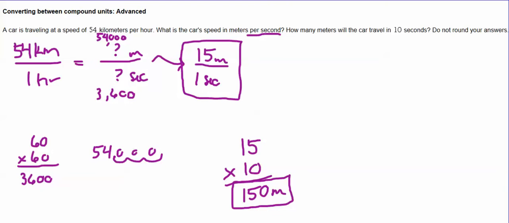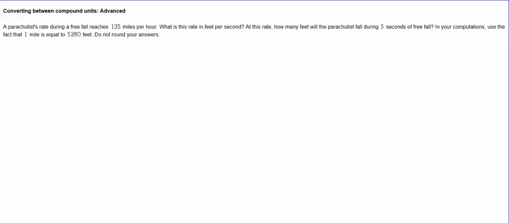Let's try a second example. A parachutist's rate during a free fall reaches 135 miles per hour. 135 miles per 1 hour. It wants us to figure out what is that rate in feet per second.